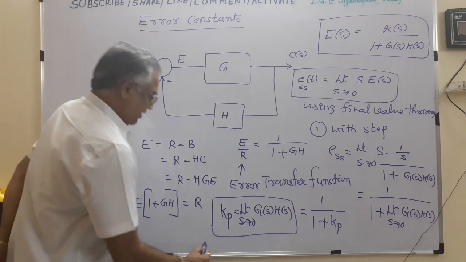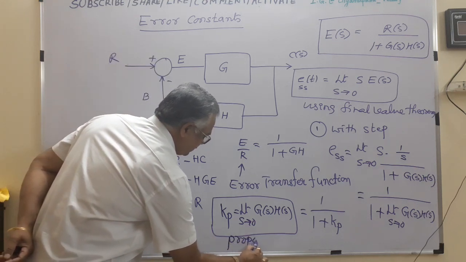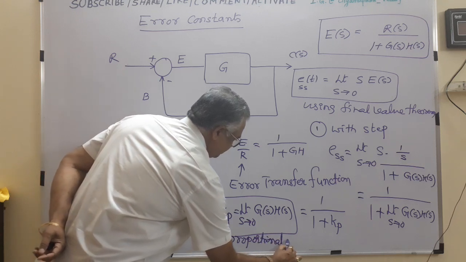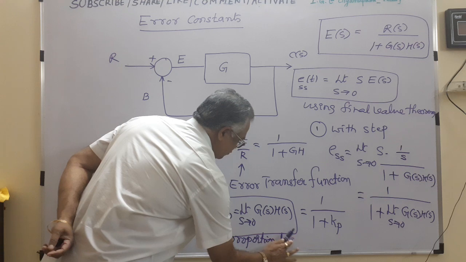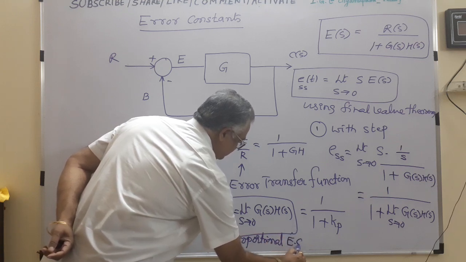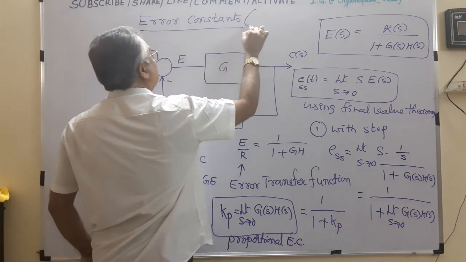This Kp is named the proportional error constant.